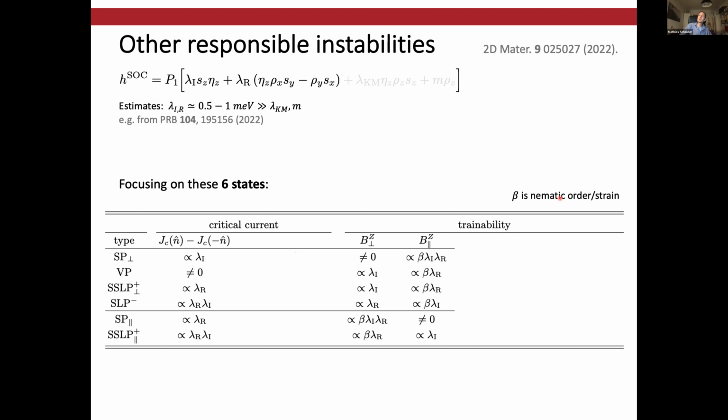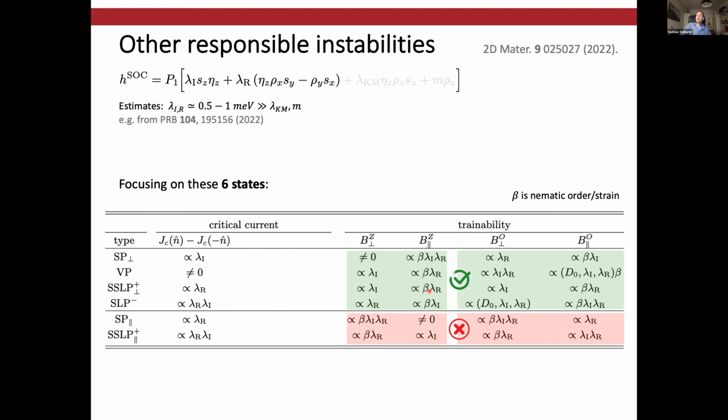We expect it to be small. Basically, anything proportional to beta means it's not easily trainable. And as you can see, the first 4 states are consistent with the observed trainability, whereas the latter 2 are not. And this carries over to the situation where you also include the orbital coupling.